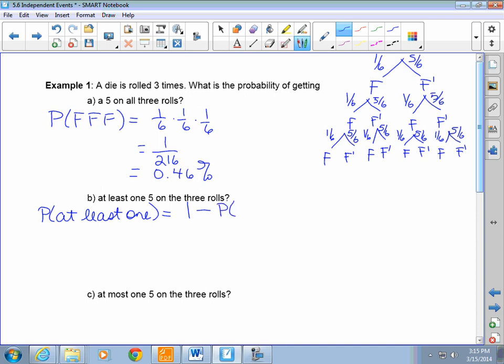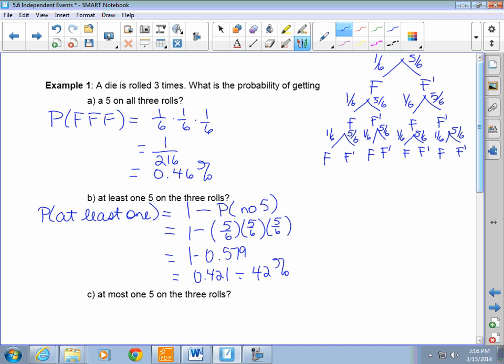So what is the probability of no 5 happening? So this is 1 minus no 5 happening in all 3 rolls, which was 5 out of 6, 5 out of 6, 5 out of 6. So this is 1 minus 0.579, which is 0.421. So 42% chance of getting at least one 5 on there.